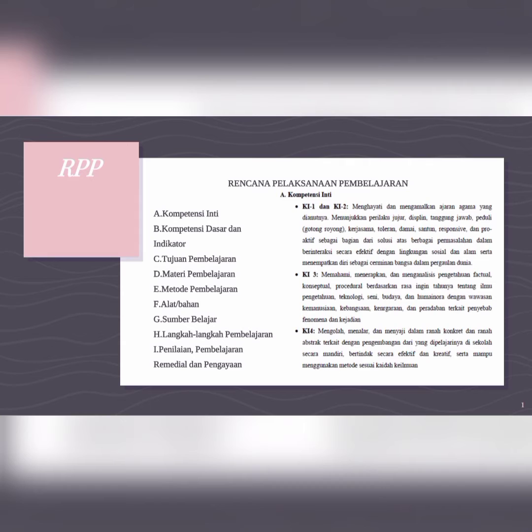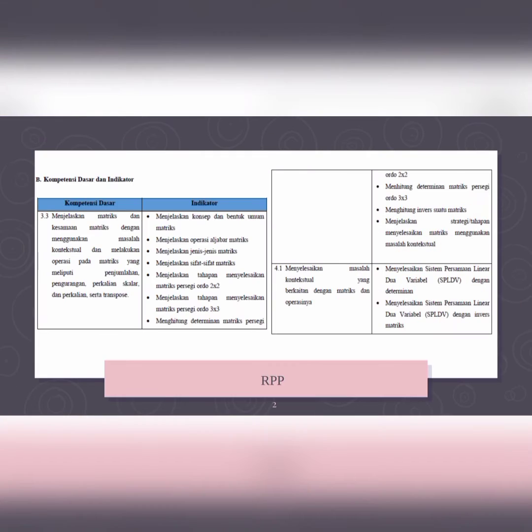In making RPP, the first is to determine the core competencies that have been made by government, and next is to determine basic competency and make indicators from basic competency.